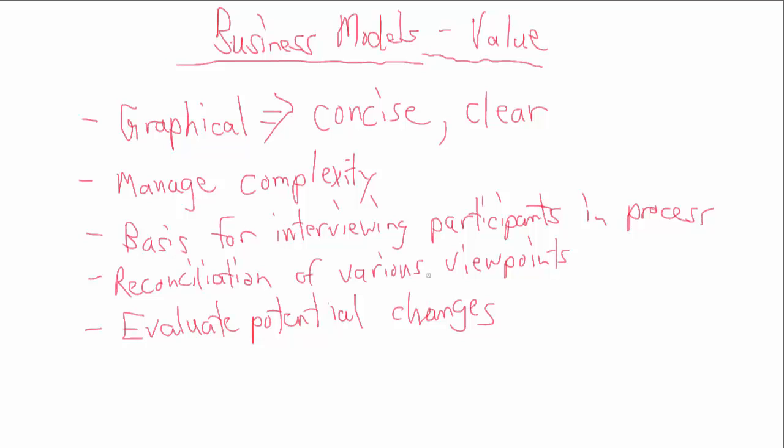You can also evaluate potential changes by making changes to the business model and maybe simulating what would take place using a new process or a slightly changed process. And of course, a process model is a good basis for determining requirements.